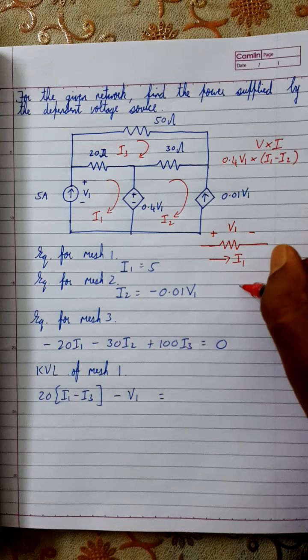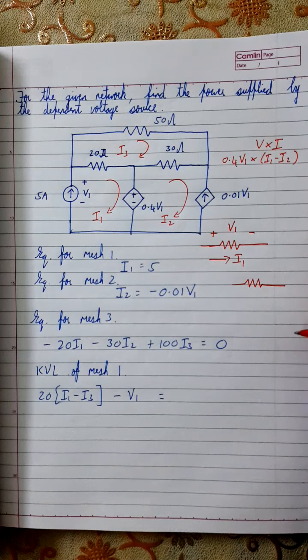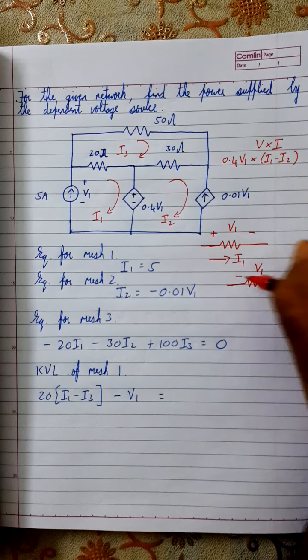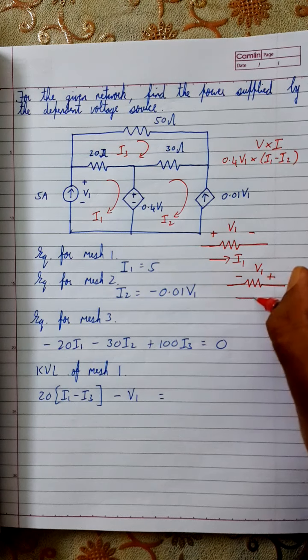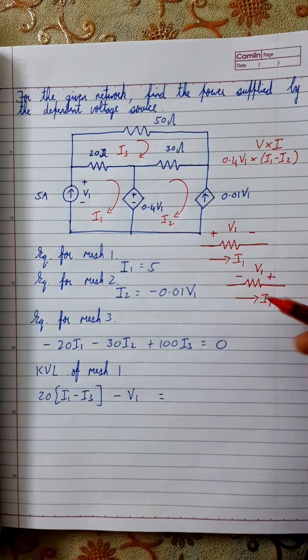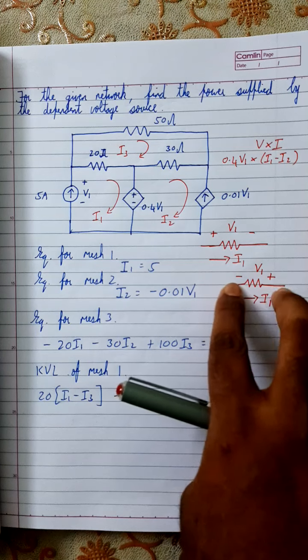Now, if I take the same resistor and the voltage across it is also V1, but this time the polarity is different. The minus is over here and plus is over here. And the current is still flowing from left to right, I1 minus I2. But we know that in any circuit, current flows from a higher potential to a lower potential, and here the polarity is opposite.